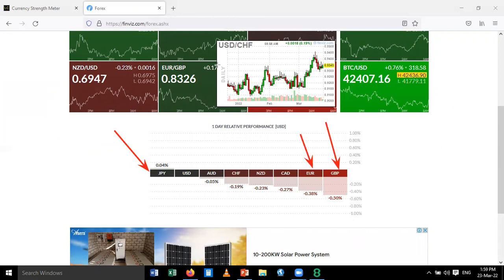So this gave me the same information I got from the other website. I can only take a trade on GBP JPY, or on Euro GBP, or Euro JPY.